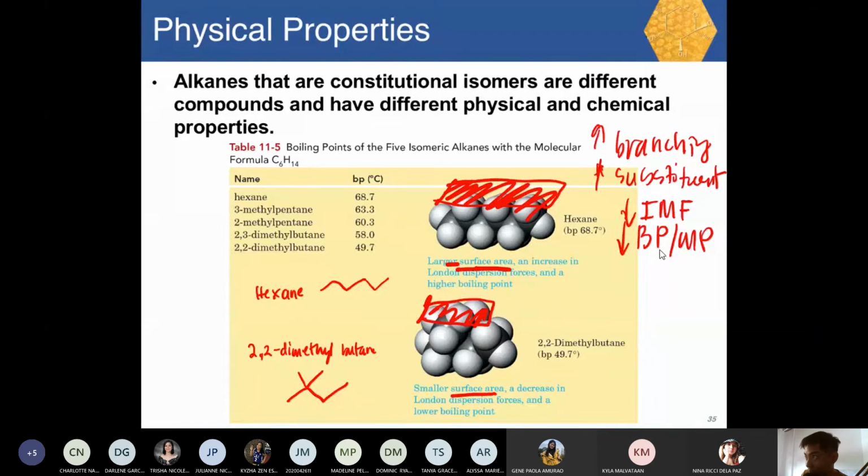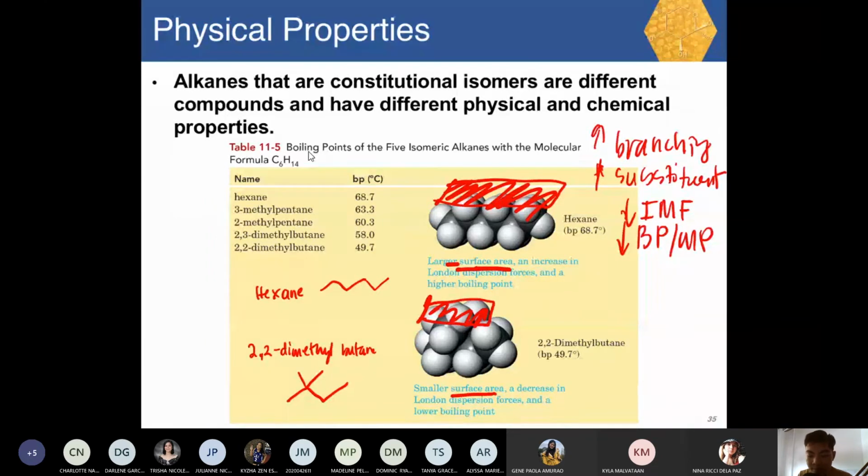As a result, the boiling point and melting point decrease. What's the reason? Surface area. When the molecule is flat, its surface area is large. When the molecule is branched, they cluster together, so their surface area is small.